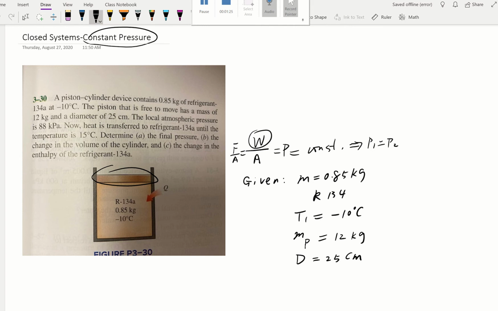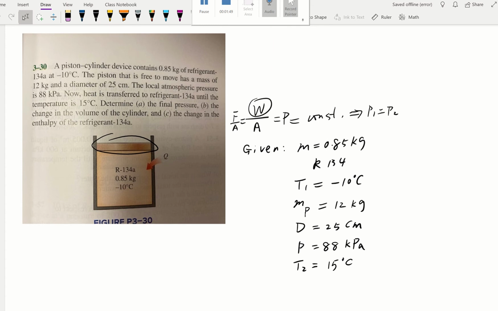The local atmosphere pressure is 88 kilopascal. Now heat is transferred to the refrigerant until the temperature T2 is 15 degrees Celsius. They want us to find the final pressure, P2, the change in the volume in the cylinder, delta V, and also the change in enthalpy.